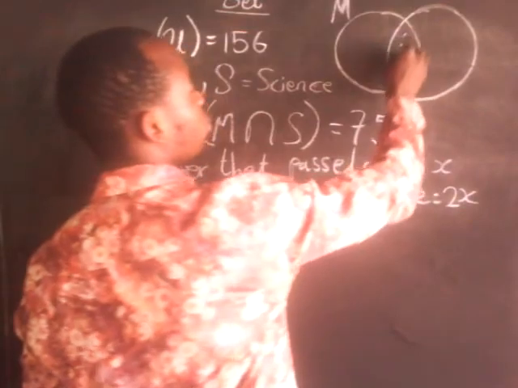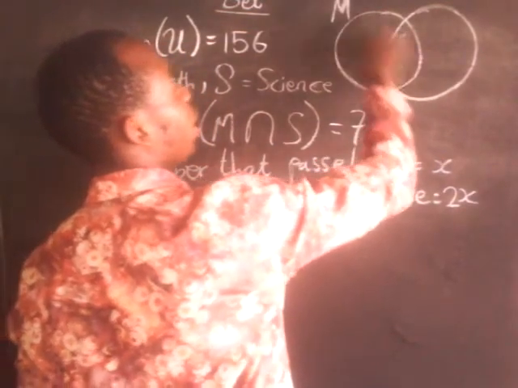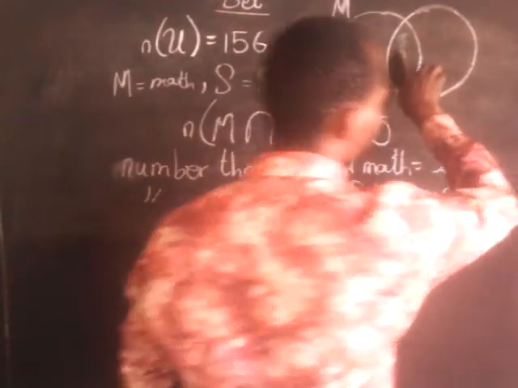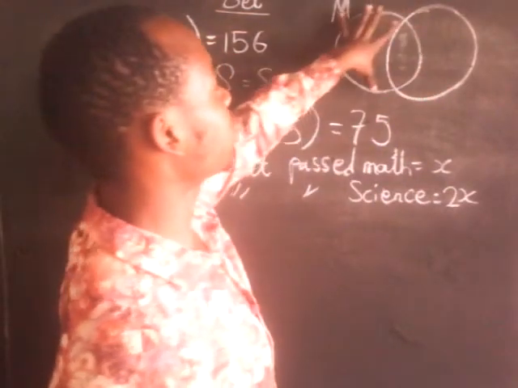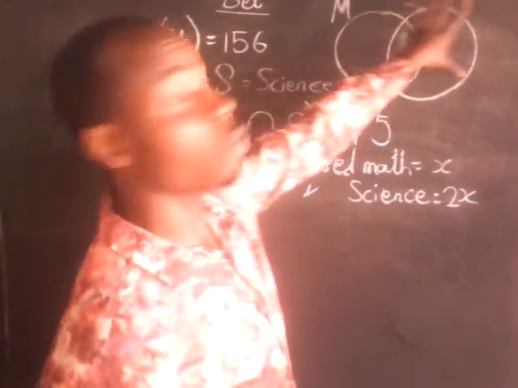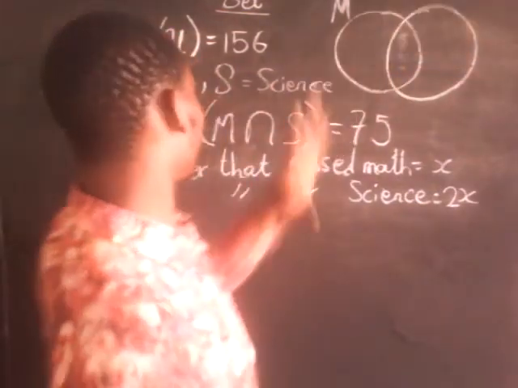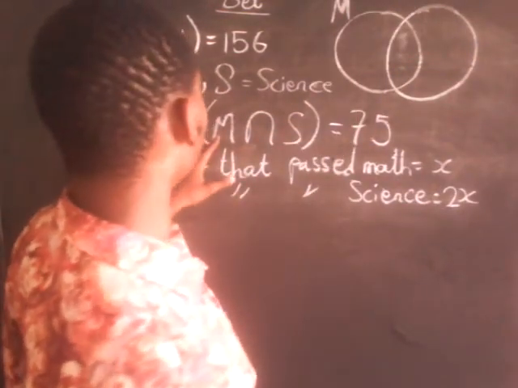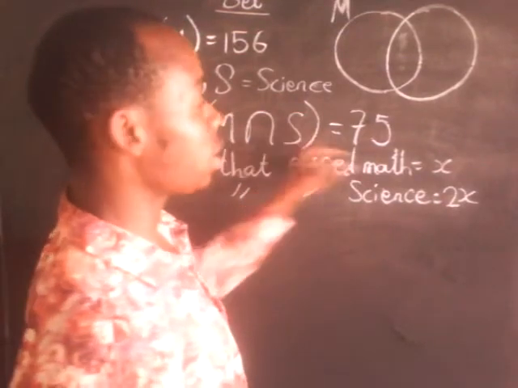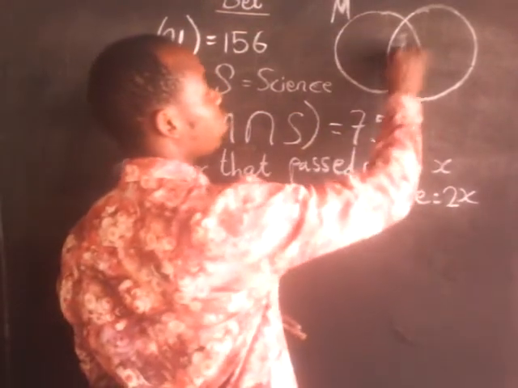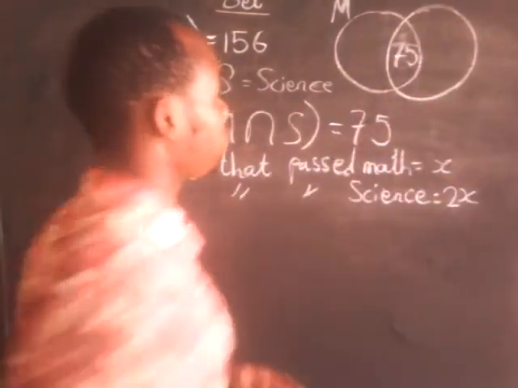This intersection means the people that are in M and also in S. They said here the number of people who passed M and S together is 75. Then I can write 75 here.